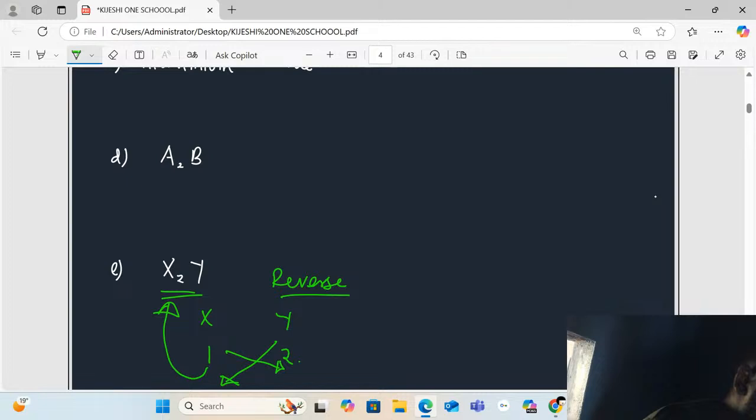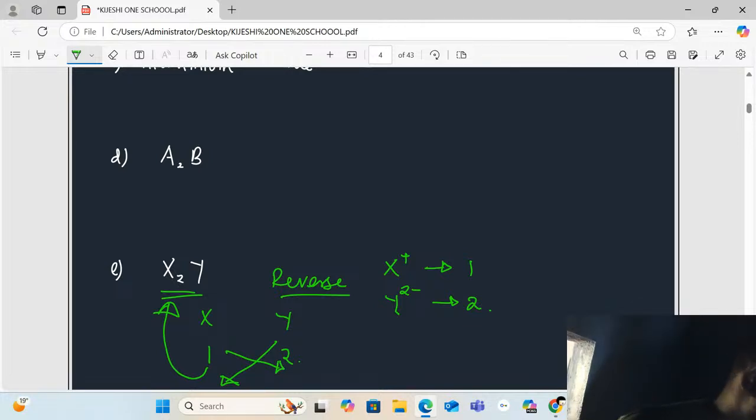Therefore, we can say we'll be having the cation, which is X. We have said that it is positive, it is of valence 1, meaning that it is written like this. Whereas Y, which is having a valence of 2, will be an anion and can be written like this because its valency is 2.